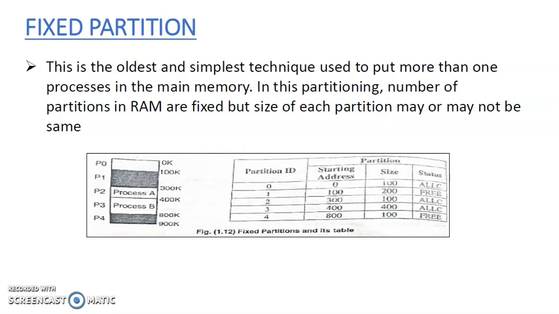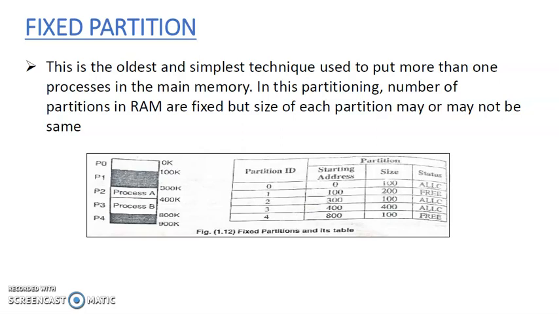In partitioning, the number of partitions in RAM is fixed, but the size of each partition may or may not be the same. You can see in the diagram the fixed partitions having the ID, the starting address, then the size and the status.